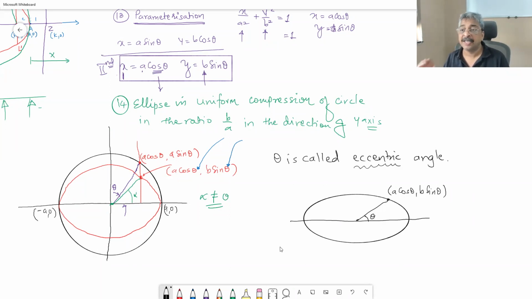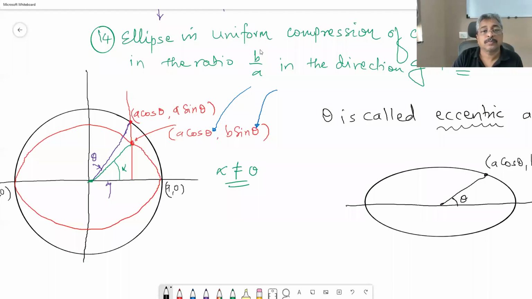Theta is a parameter, and theta varies from 0 to 2 pi. You get the complete ellipse. All values of 0 to 2 pi will give you the entire ellipse. Note down all these things. The circle through which you are going to locate your point geometrically on the ellipse is called the auxiliary circle.